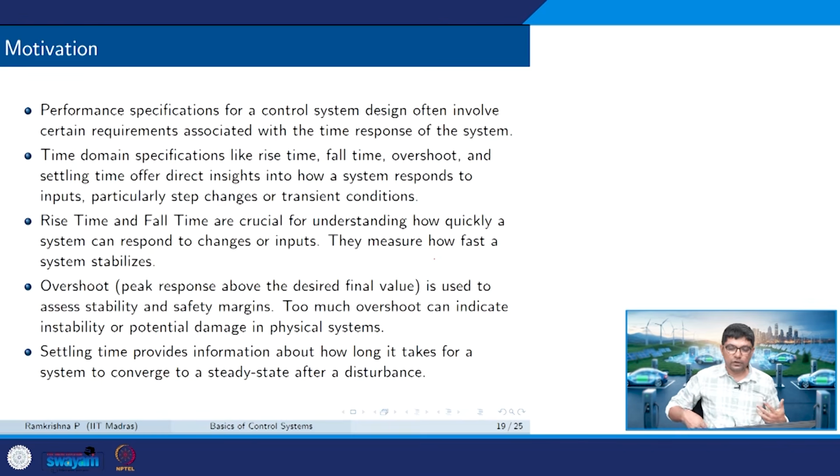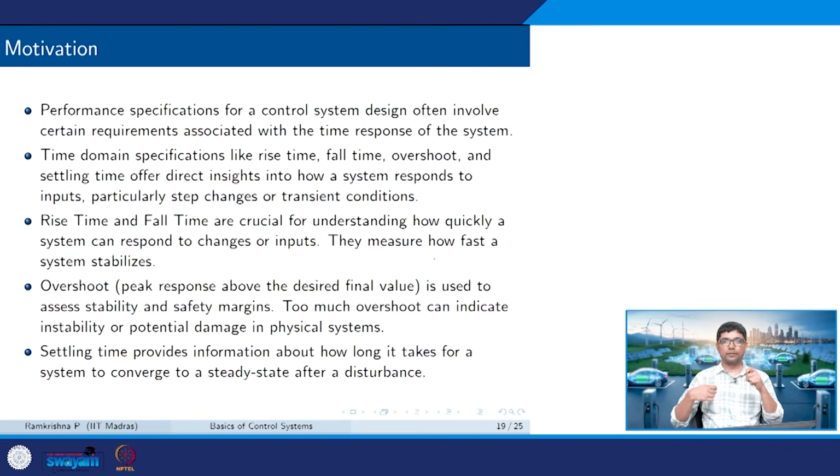Okay, so why do we do this? What is the motivation to do this? So, typical performance specifications often involve requirements which are associated with how fast or how slow the system responds to a certain input. Okay, and these time domain specifications, we define them as the rise time, overshoot and so on.